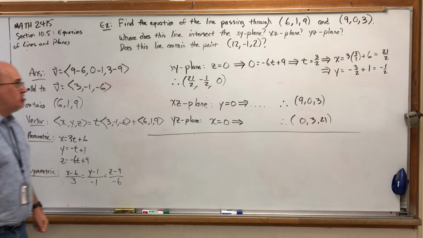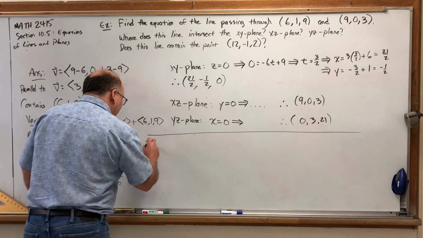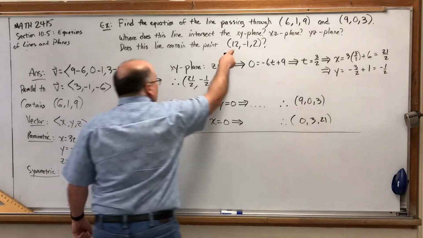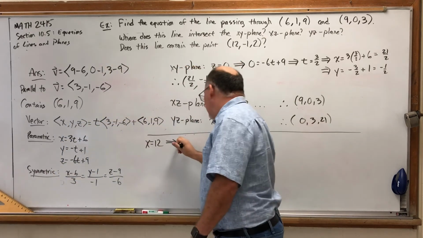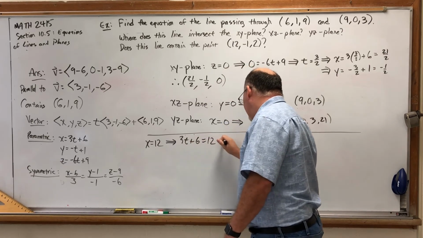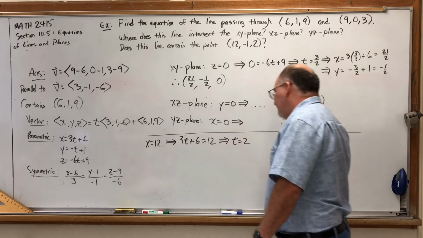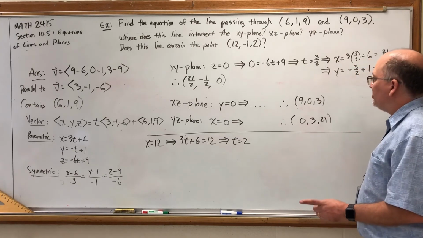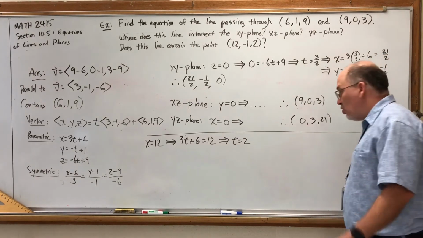Let's start with the x. If the x is equal to 12, that implies that 3t plus 6 is equal to 12. And if you solve this, this implies t equals 2. But will t equals 2 give us the correct y coordinate and z coordinate?